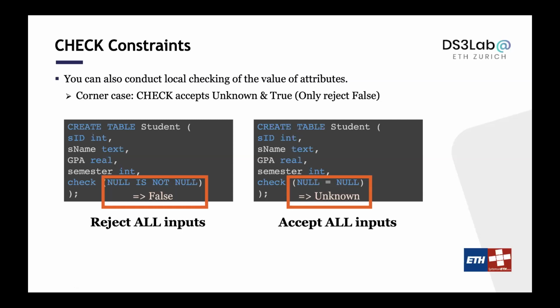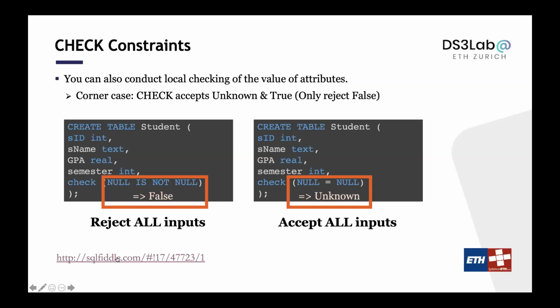And if you look at the right-hand side, null equals null is going to evaluate to unknown. So the database will not reject this because it doesn't evaluate to false. In this case, whatever you put in, the database is going to accept that. Okay, so that's the difference.